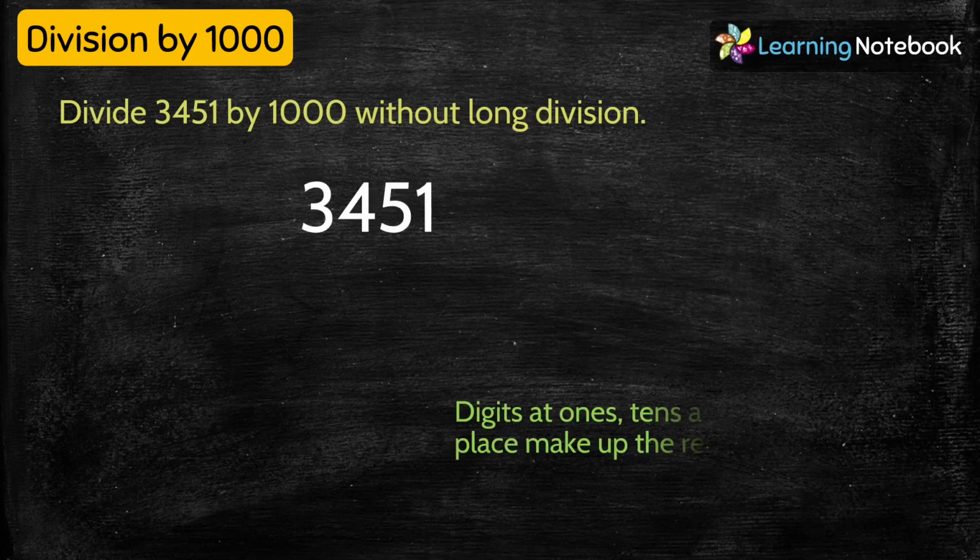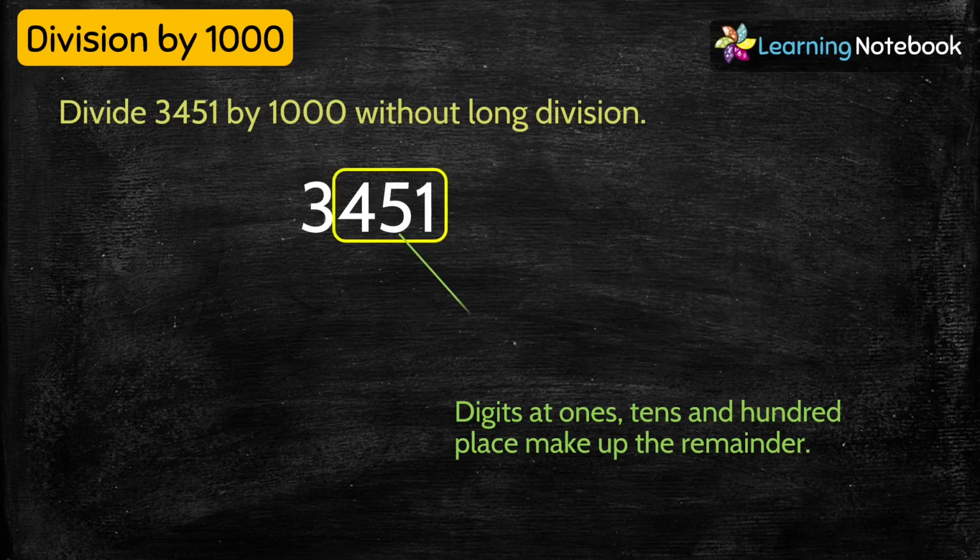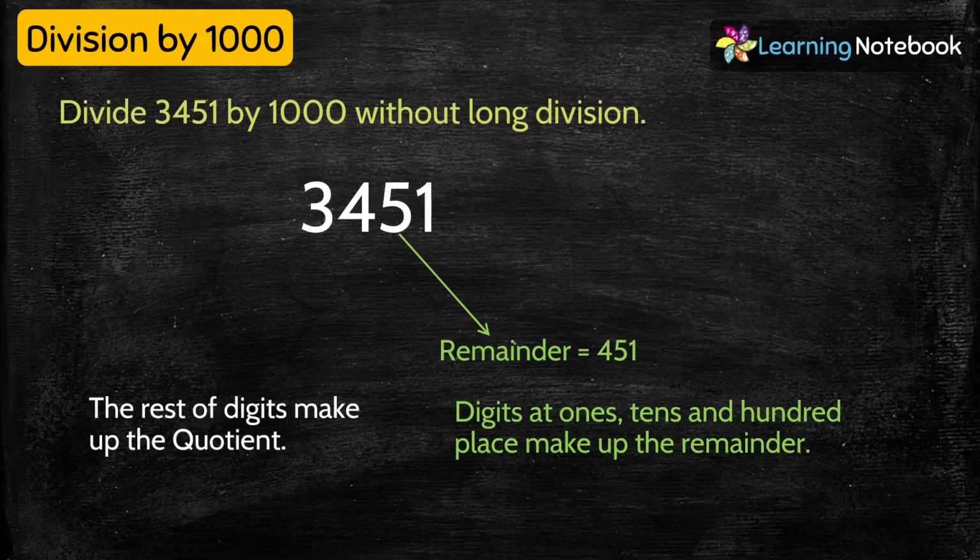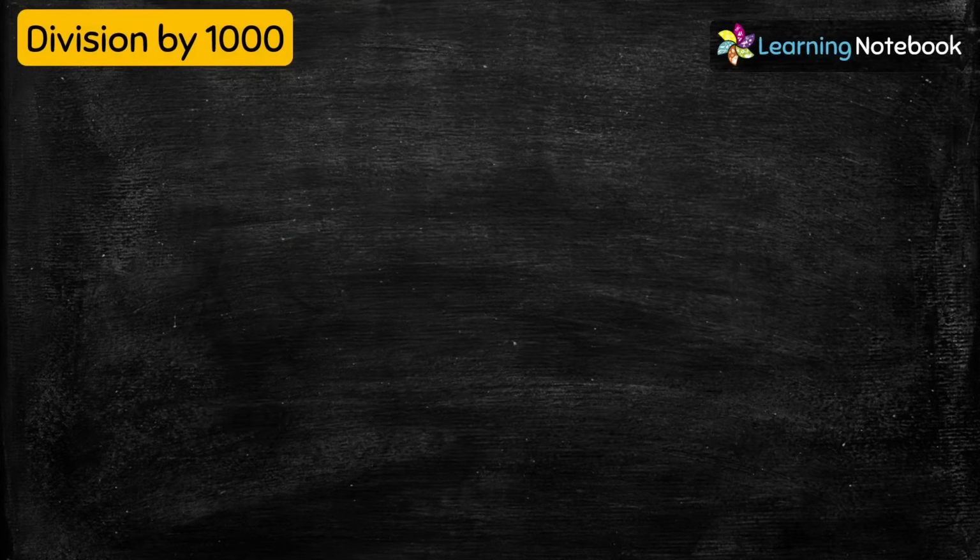So 3 digits, that is digits at ones, tens and hundreds place, will make up the remainder. So here remainder is 451. And the rest of the digits will make up the quotient. So 3 is the quotient here.